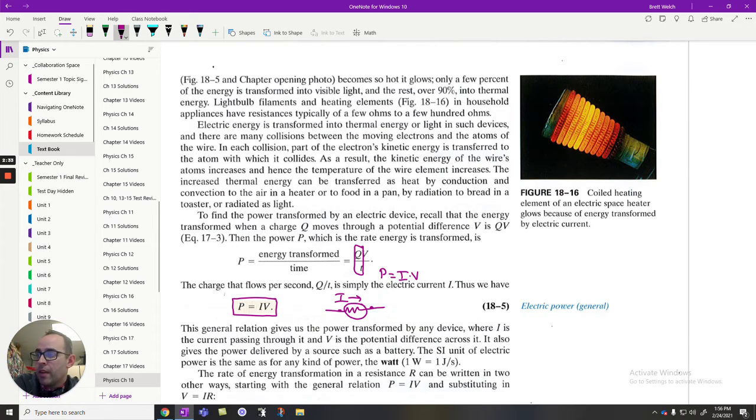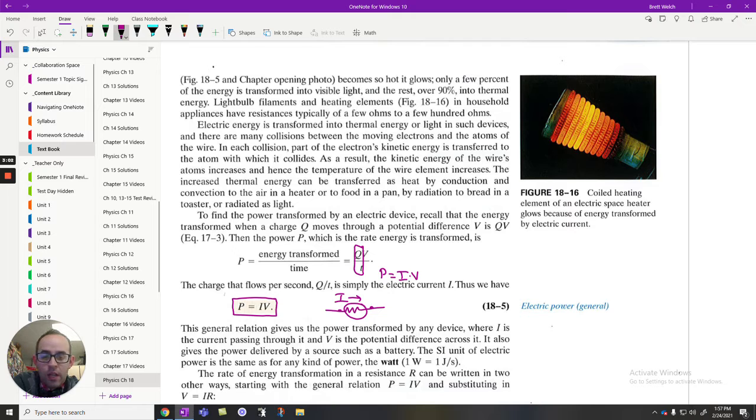Now keep in mind that wattage is not the energy, it's the rate of energy consumption. Every second, that many joules of energy are being used. It used to be that we all had the same kind of light bulbs in our house. We used incandescent light bulbs where a 60-watt bulb was a standard bulb, and we could compare bulbs based on their wattage, their power output, which was roughly the same as their brightness.